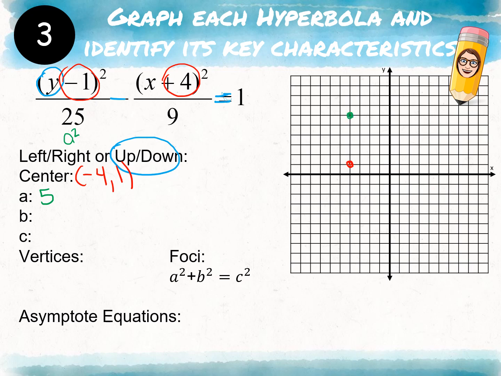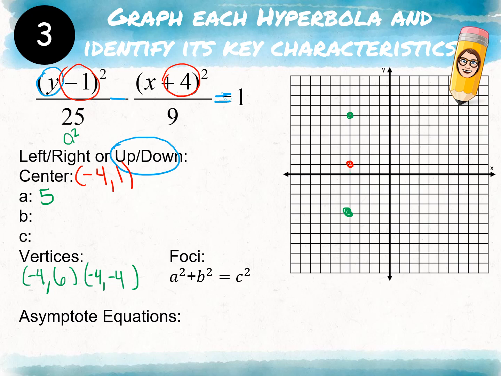I need to go down 5. 1, 2, 3, 4, 5. Now, let's label those right away. When we're labeling our vertices, you'll notice they all keep the x value because it's the up-down value that changes. So really, I'm taking that 1 from the center, and I'm adding 5, and I'm subtracting 5. So you could calculate it without a graph as well.